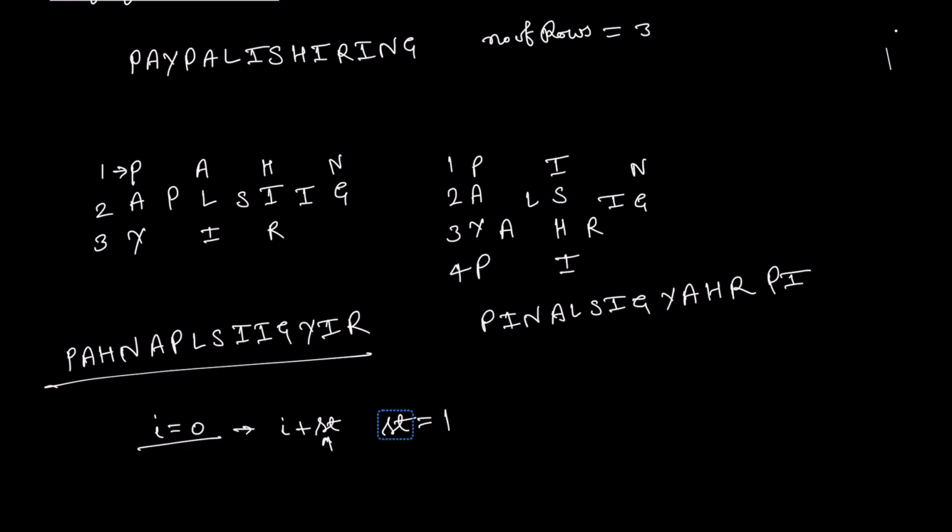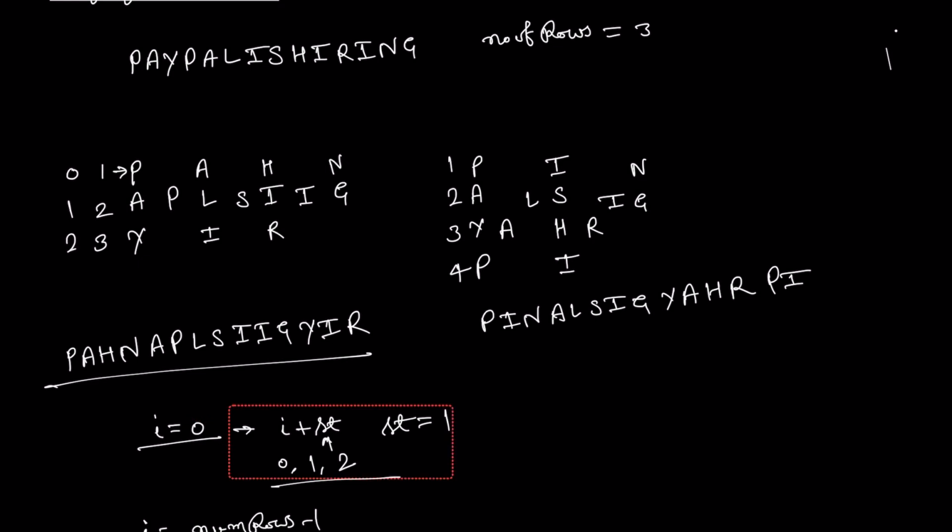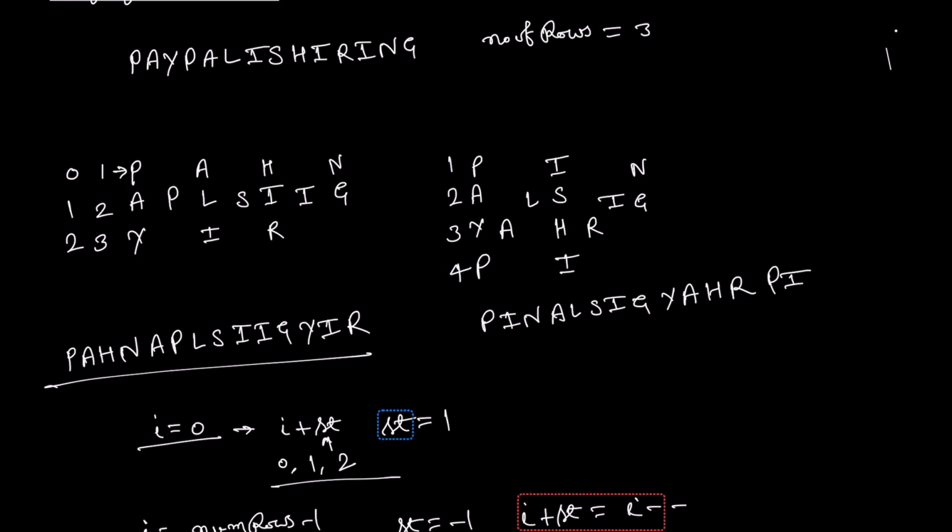So 0th row, first row, second row. And if i equals numRows minus 1, that means the last row. Here i will represent 0, 1, 2. In that case I will take st as minus 1, and the row will decrease, i plus st. This is minus 1, so i decreases, and otherwise it will be i plus plus.